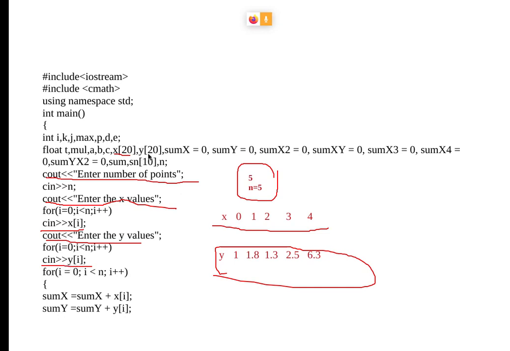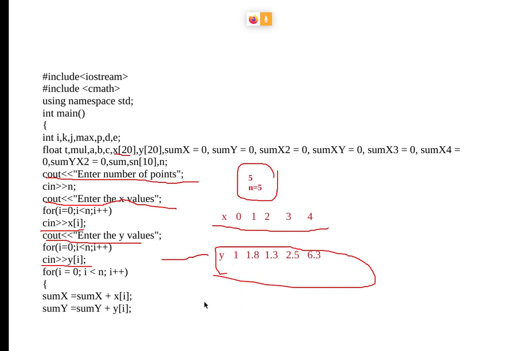It is also declared as a float array, y of 20. And in total I am having n y points. So the for loop has to start from 0 to n, i equal to 0, i less than n, i plus plus, scanf n y of i. So after executing this, our y array will be like this. Y of 0 will contain 1, y of 1, y of 2, y of 3 and y of 4.